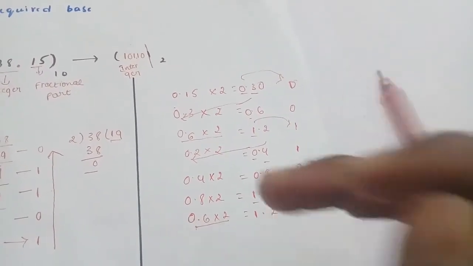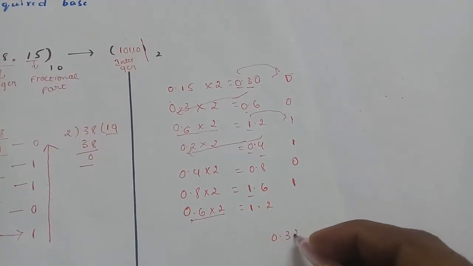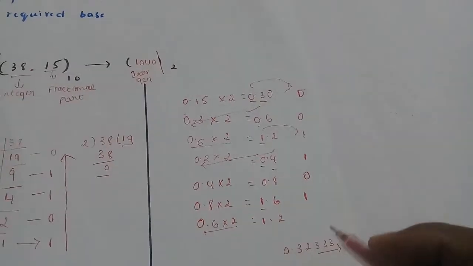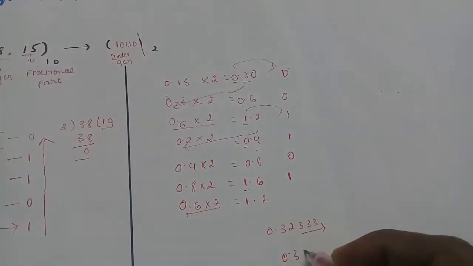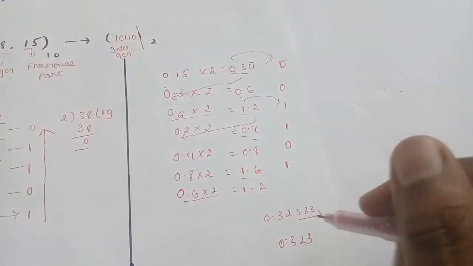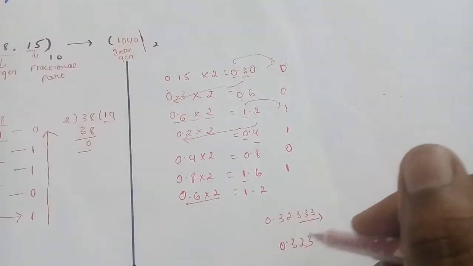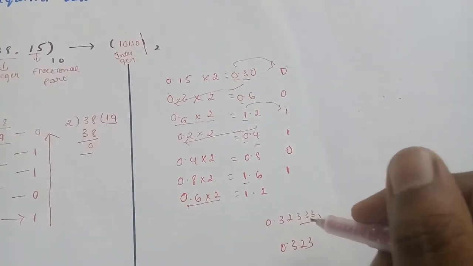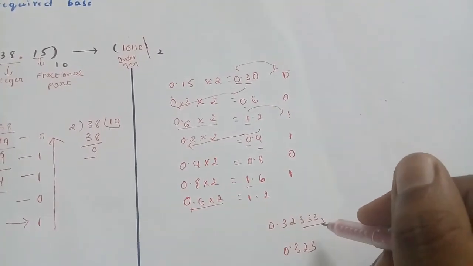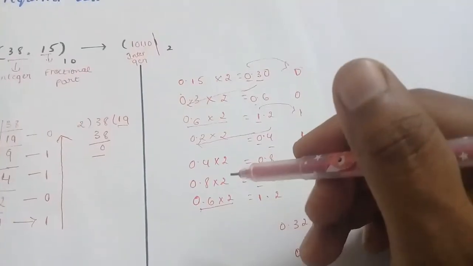Why did we stop here? Because it is like a fractional value 0.33333, where all the threes are the same. We consider it as 0.33 and round off, since after that all values are equal to 3.